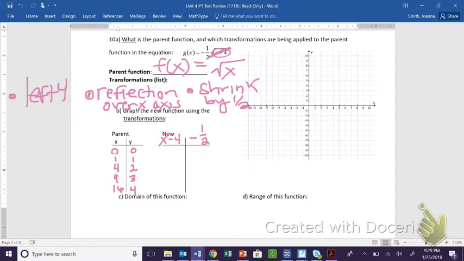Anything outside of the radical, you have to put in that y. If it's a coefficient in front of my radical symbol, a coefficient means we're multiplying by that number. So it's negative 1/2 times y, and there is nothing outside of that radical symbol, so we're not moving up or down.